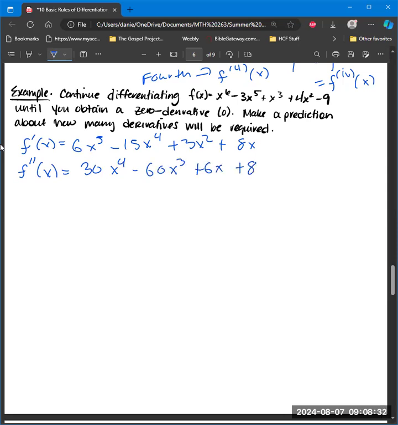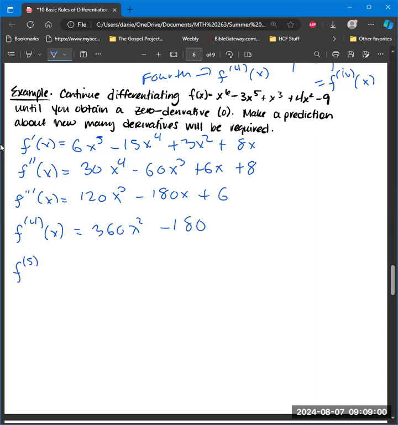Third derivative is going to be 120x to the 3rd minus 180x plus 6, and that constant drops off. Now we've got our fourth derivative is going to be 360x to the 2nd minus 180, and that constant drops off.